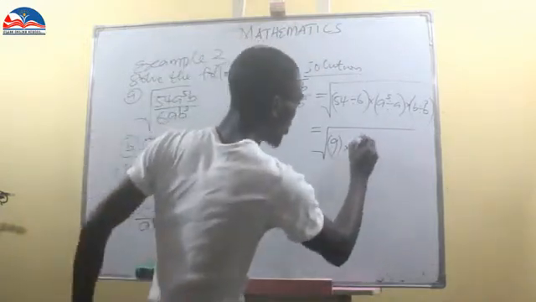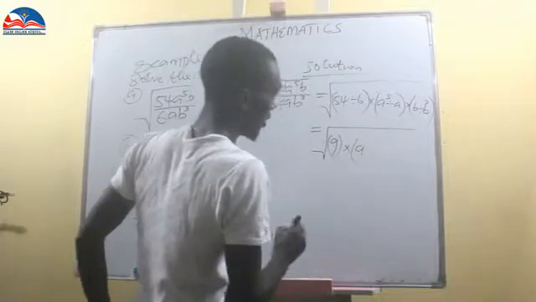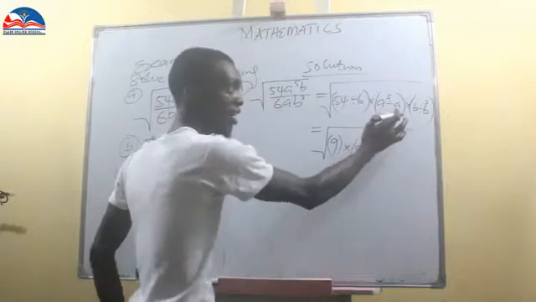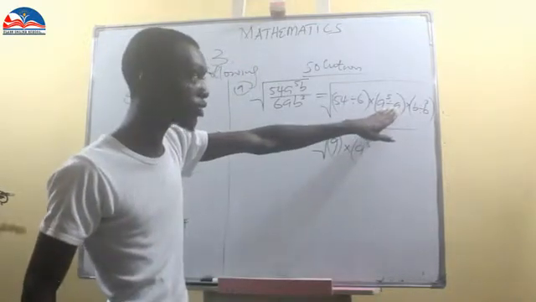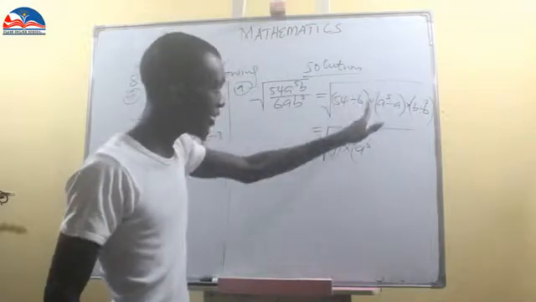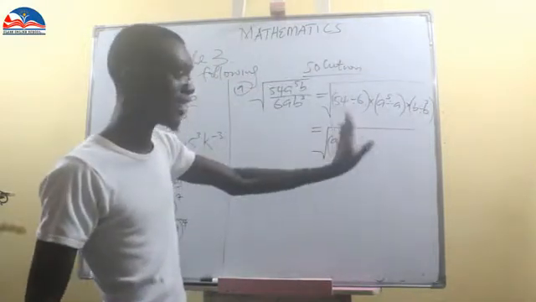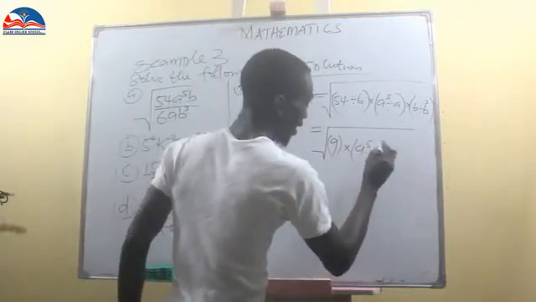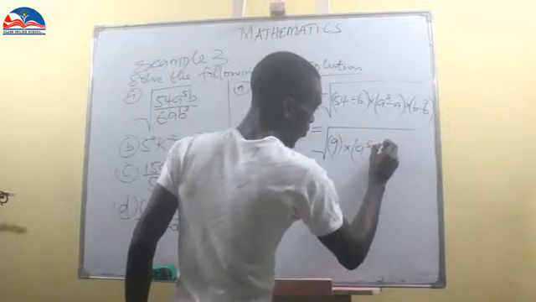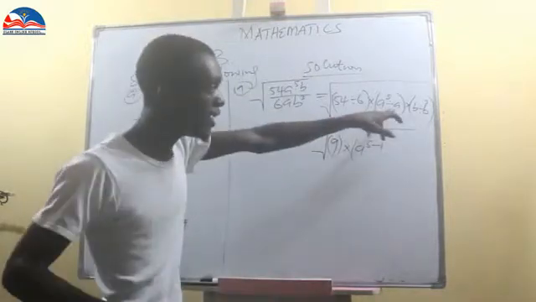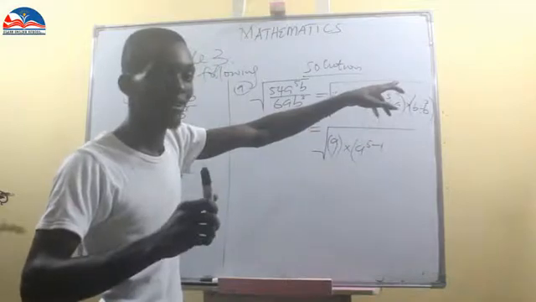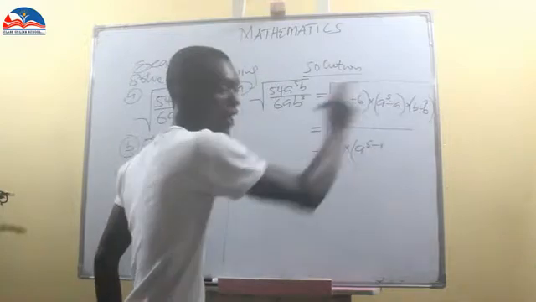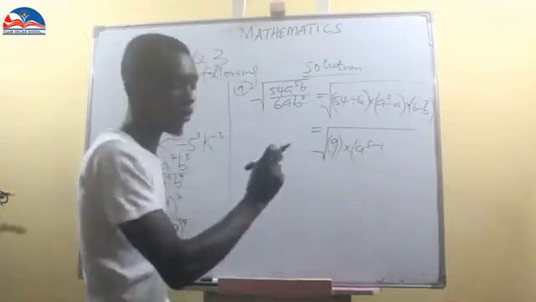So you have A index 5 minus the index of A. A is the same as A index 1, so you can write A index 1 or only A. So we have minus 1. And then I subtract it from the law of indices.